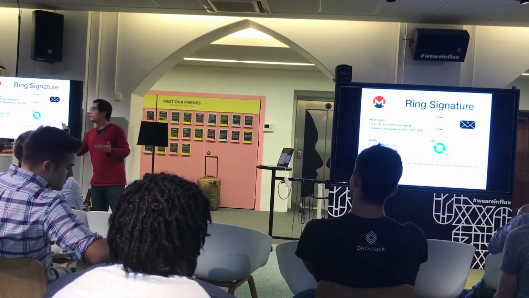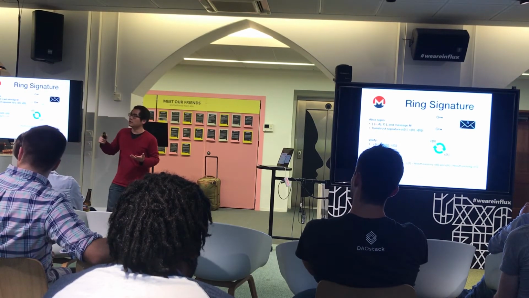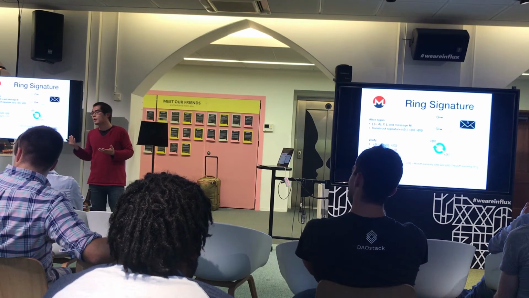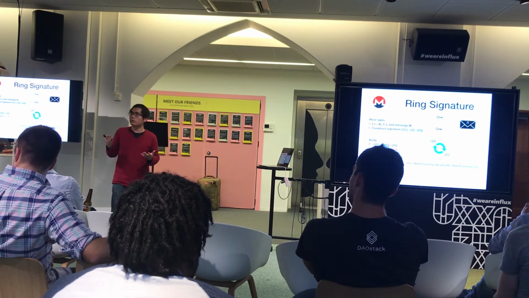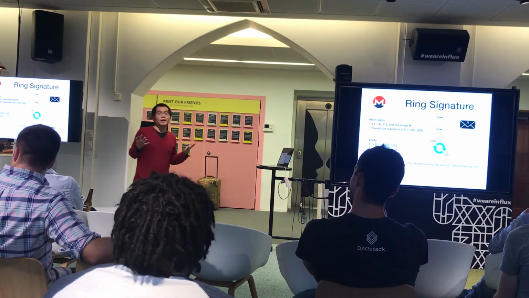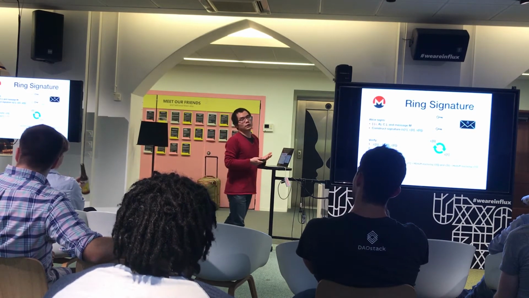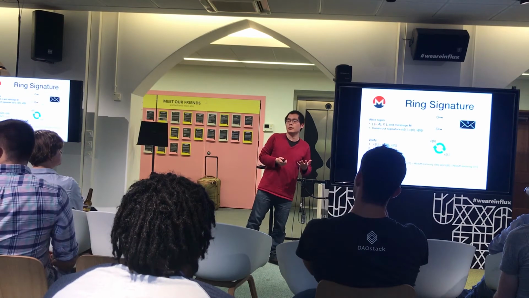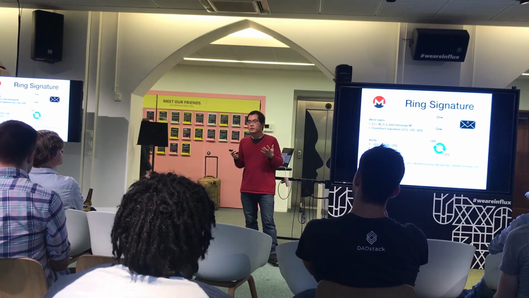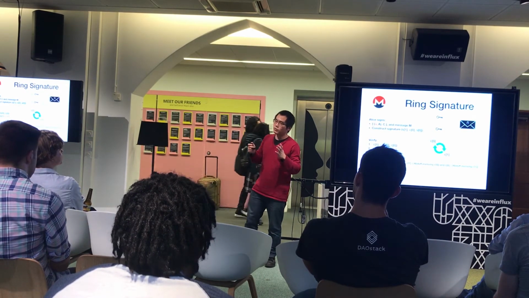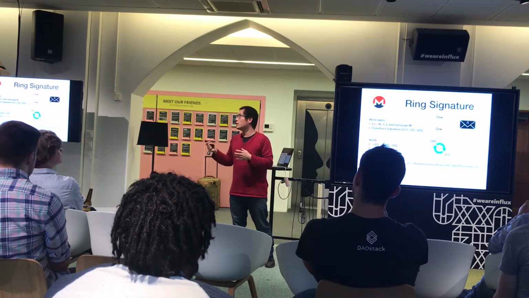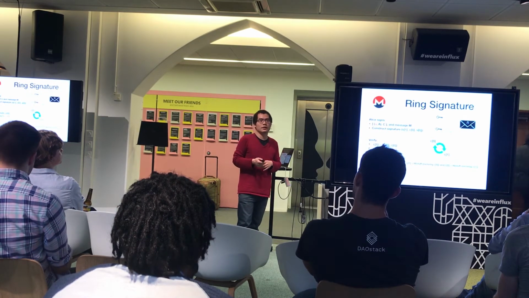It could be Carol. Carol can form the same signature as well, and then form a ring. In Monero, typically people use like 5 public keys to hide themselves, then that's a really difficult situation. Basically, there is no way for people to understand and track a really detailed transaction. That's the ring signature.